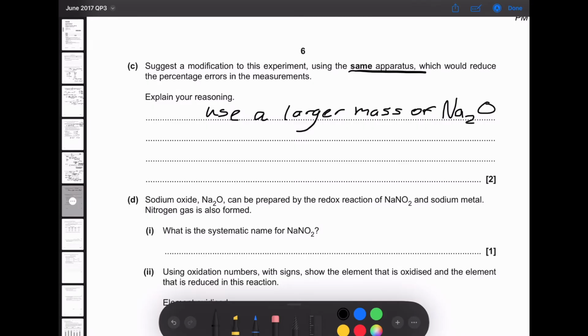And what this will do is give you a larger temperature change. This will create a larger temperature change. I'm just going to put delta T, and this reduces percentage uncertainty.